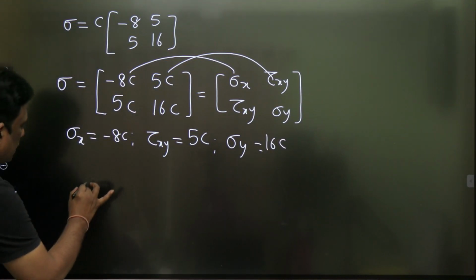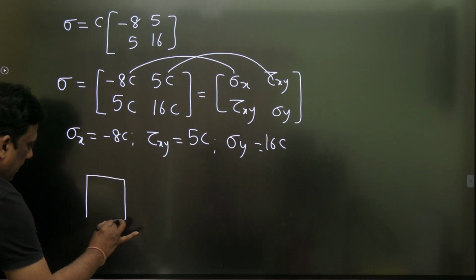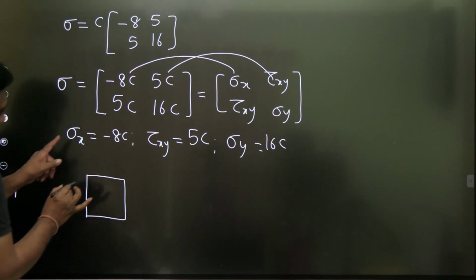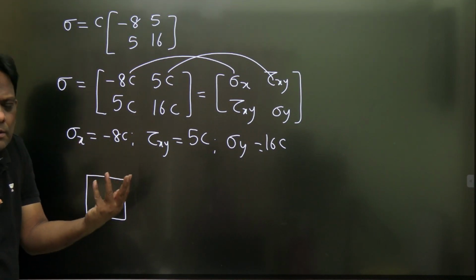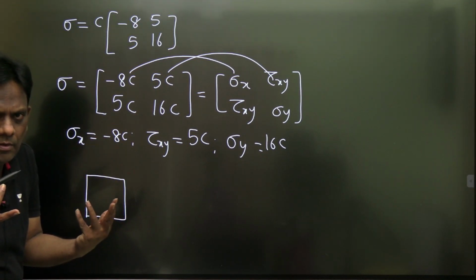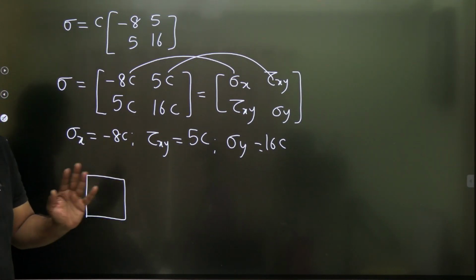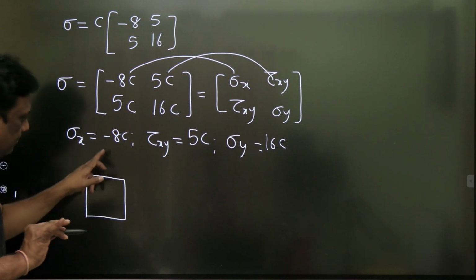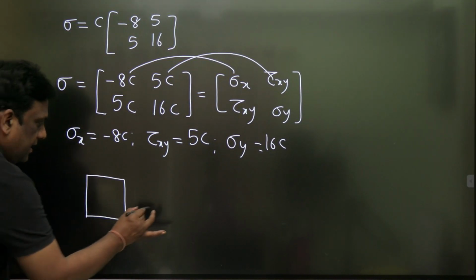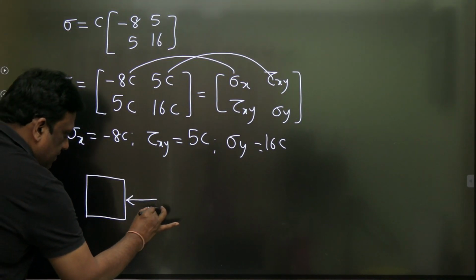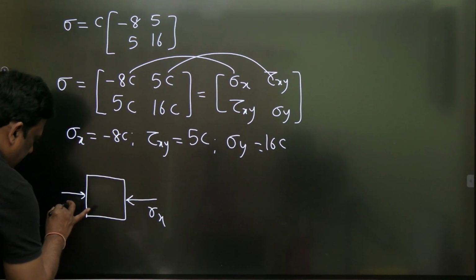Now, if I show you a loaded member, imagine C to be positive. I don't know whether it is positive or negative, but imagine C to be positive, then you get sigma x as minus, so let me check.